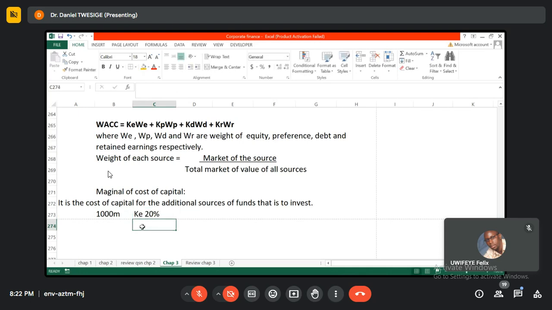Now I'm issuing additional equity. Will the cost remain the same 20%? No. The cost will change after issuing additional sources. So that cost after issuing additional sources is what we refer to as the marginal cost of capital.